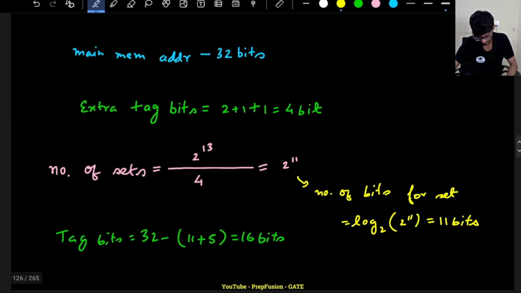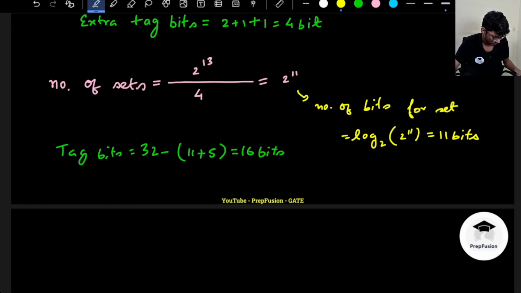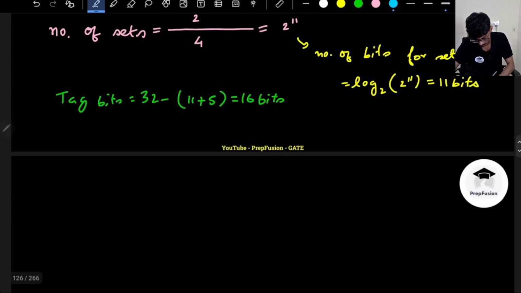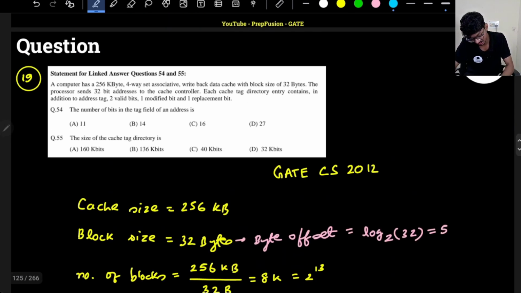If it is 16 bits, what can I comment? The tag size is 16, and 16 is present in the options, so you will tick it. The number of bits in the tag field of an address will be 16 only.